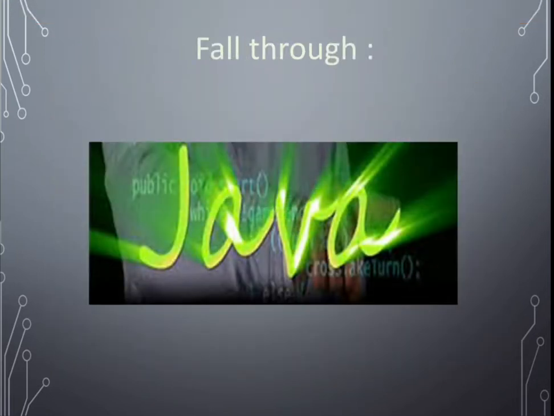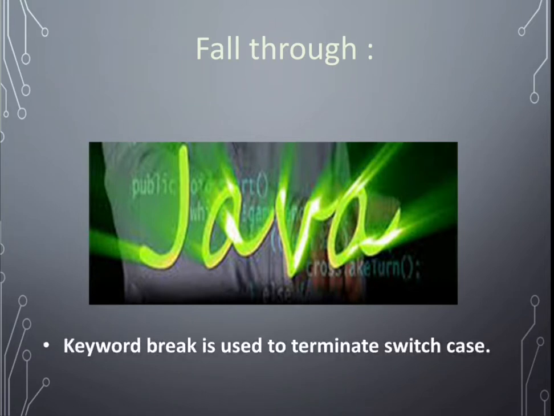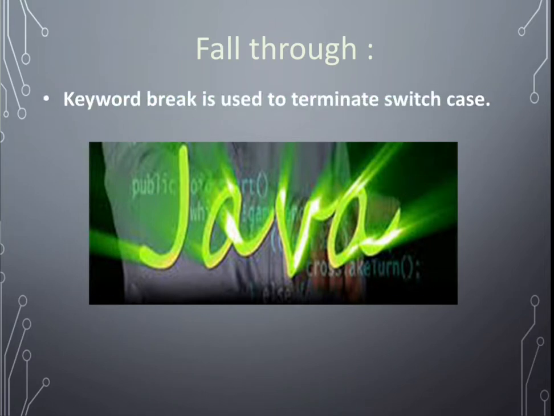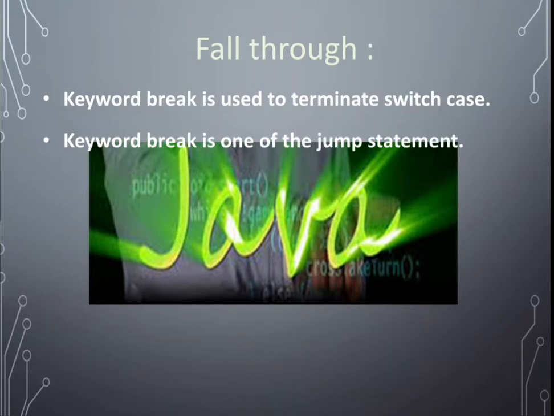And see, one more thing is fall through, which is combined with the switch case. When we use a break keyword with a switch case, the switch case will be terminated, meaning it ends when the break executes. The keyword break is one of the jump statements. Why a jump statement?